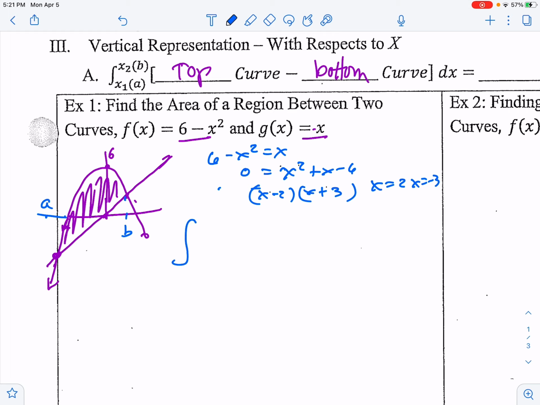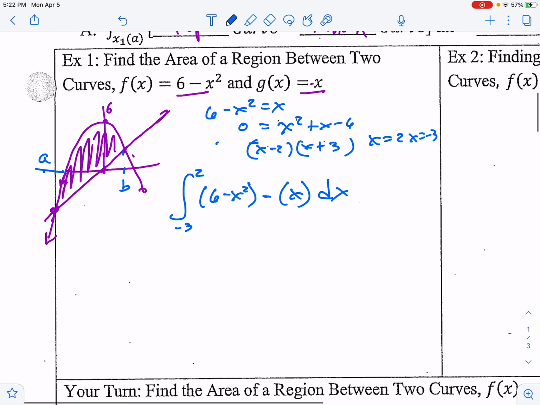So I'm going to integrate from negative 3 to 2. The equation on top is this one, 6 minus x squared, minus the equation on the bottom. You can simplify, get rid of your parentheses before you integrate if you want, but there's really no reason to. We can just erase them right now.